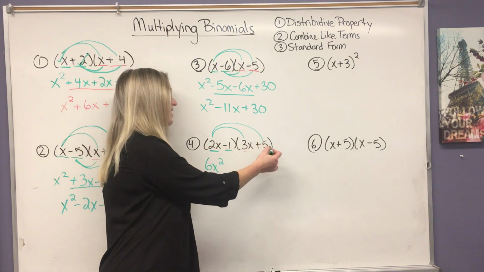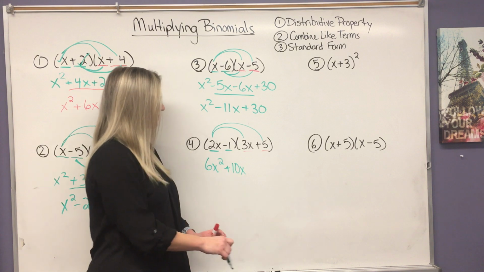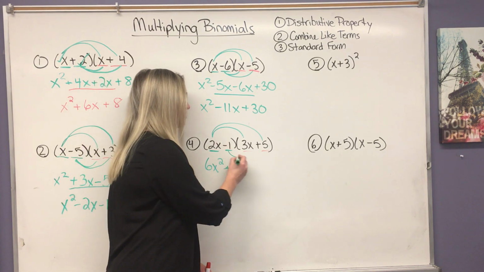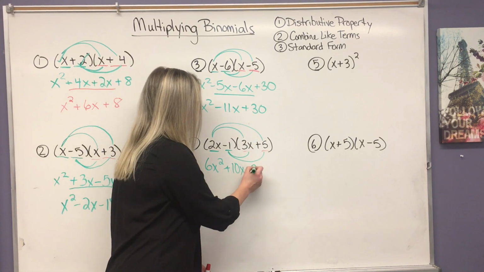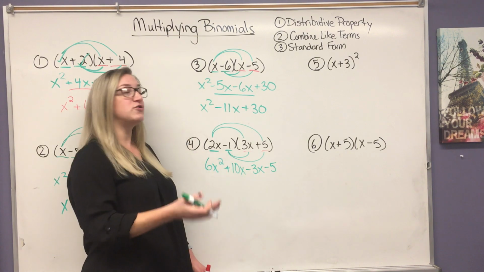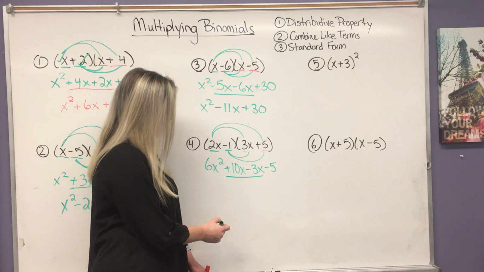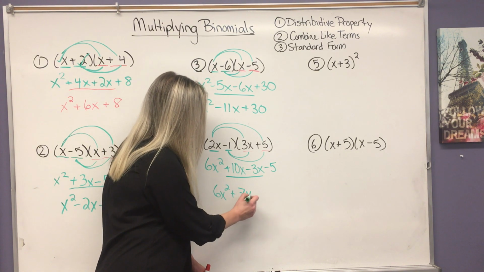And then 2x times 5 is positive 10x. Now I have to take negative 1 and multiply him to everybody in the second parentheses to get negative 3x and negative 5. Once again, do not forget to combine like terms. Now I have a positive 10x minus 3x, so I'm going to get 6x squared plus 7x minus 5.